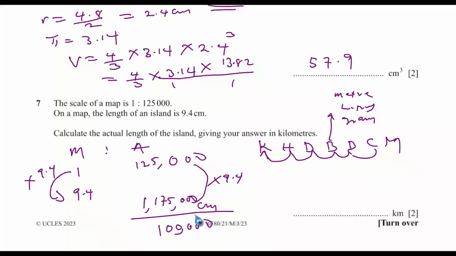So to convert 1,175,000 centimeters to kilometers, you divide by 100,000. You don't need to memorize this. Once you understand and you can recollect the acronym, you are always good to go. If you do this, this will give you 11.75 kilometers. Let's go to the next question.